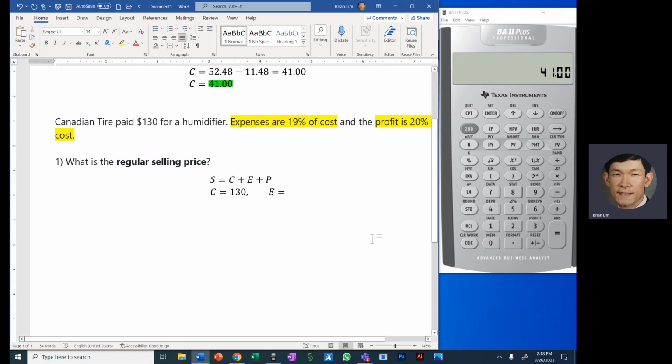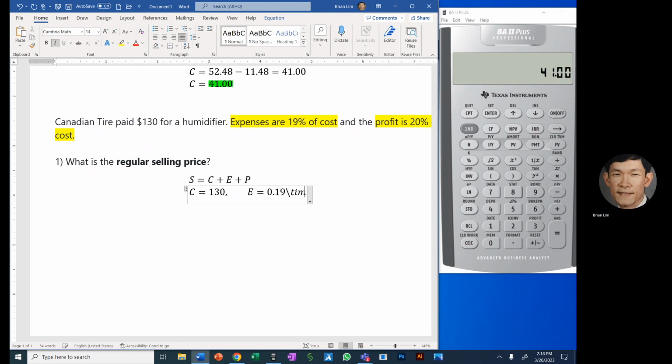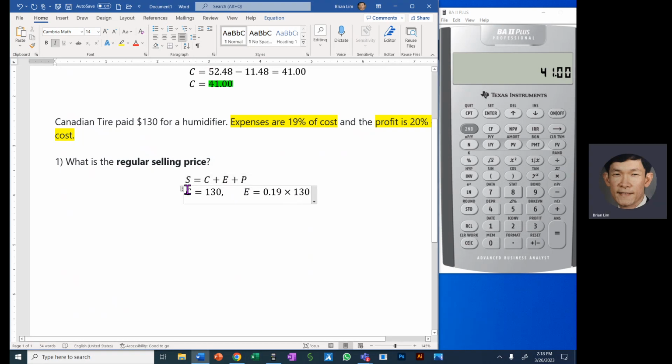So 19% of cost would mean that the expenses is 0.19 times the cost, okay, times C, which would be 130, right? So that is what is there, 130. So that's the expense.